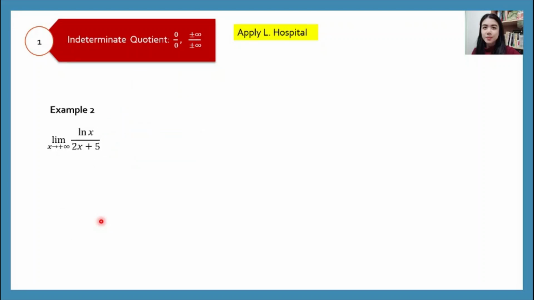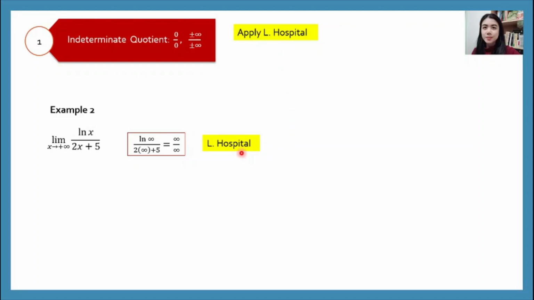Now we are in example 2. In example 2, x approaches positive infinity. If you have positive infinity here and positive infinity here, then you have a form of infinity over infinity. When you have infinity over infinity, that is the quotient form again, and this says you have to apply L'Hopital.